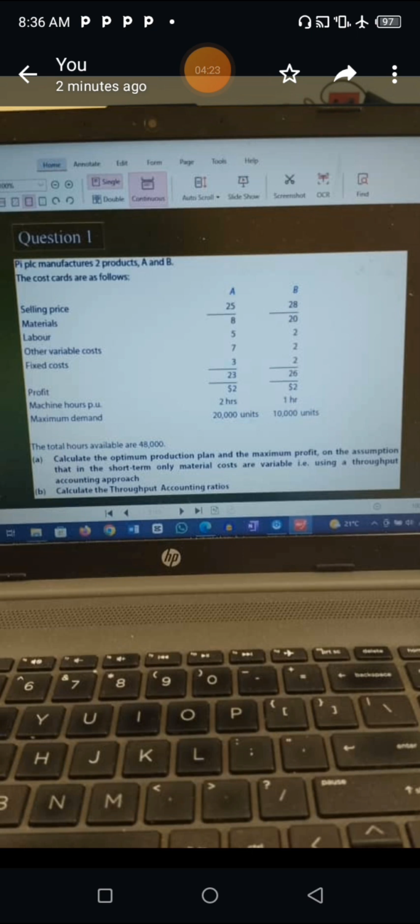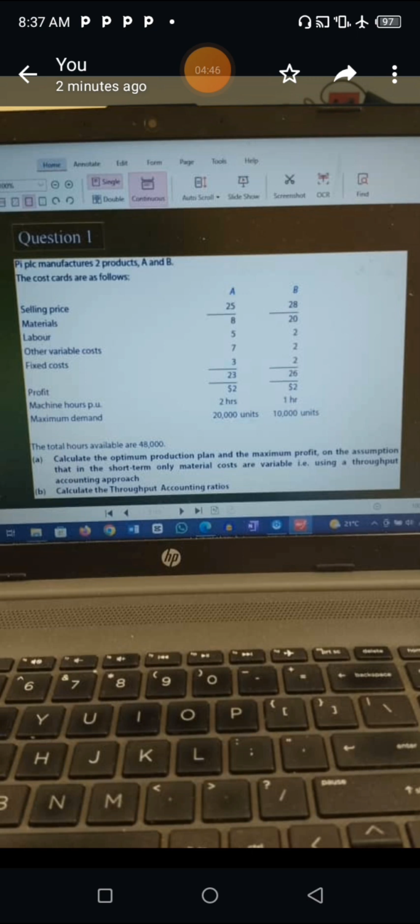Now, you are required to calculate the optimum production plan and the maximum profit on the assumption that in the short term, only material costs are variable, using a throughput accounting approach. So the examiner is telling you that of all the things there, the only variable cost available is materials.